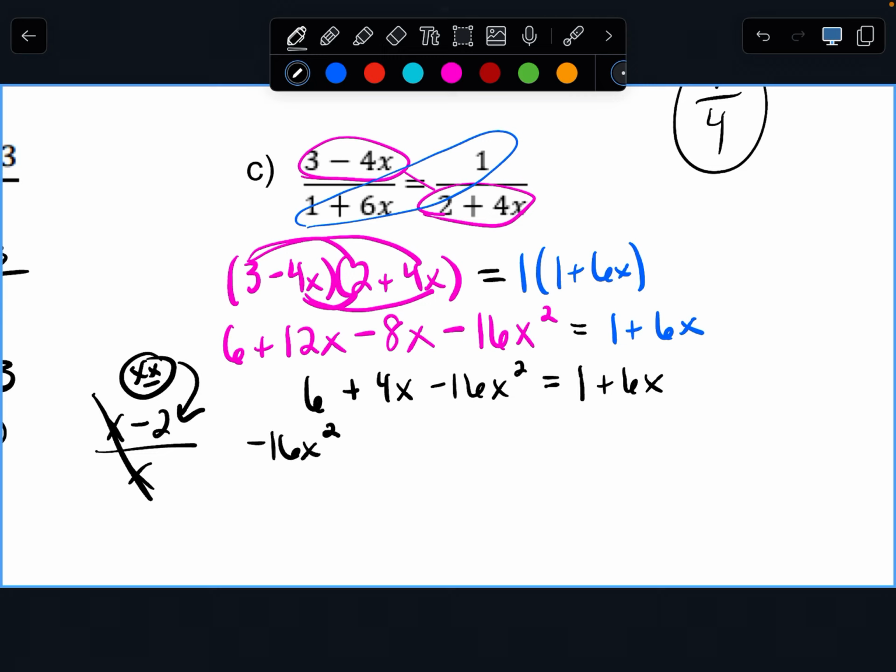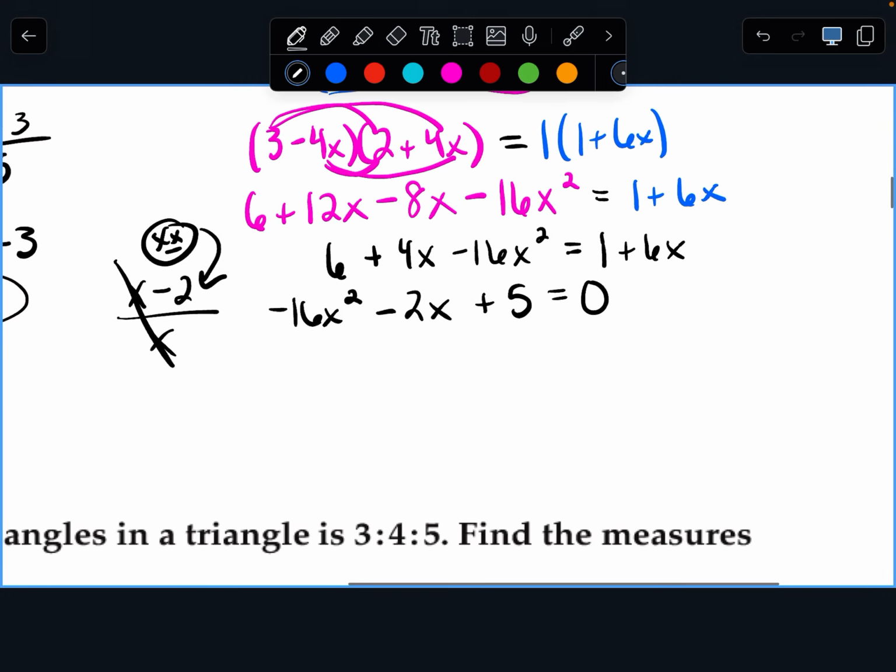I'm going to move over the 6x, so it's negative 2x. And I'm moving over the 1. So I reordered it. There was nothing with squared I could combine with. And then I put the 6x over here, so that'd be negative 2x. And then the 6 minus the 1 is 5.